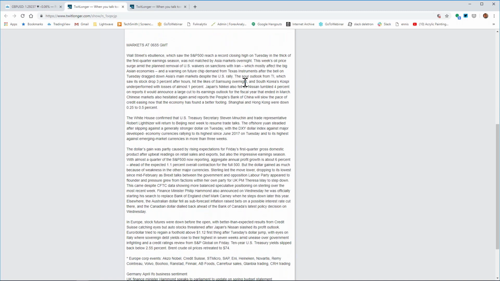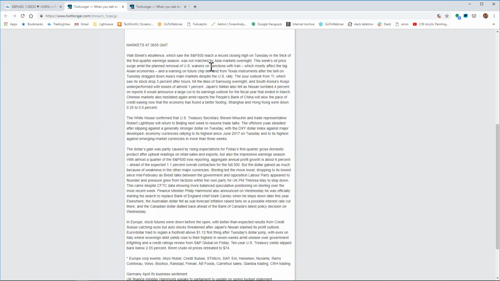Isn't that like oxygen? But anyway, Wall Street's ebullience, which saw the S&P 500 reach a record closing high on Tuesday in the thick of the first quarter earnings season, was matched by Asian markets overnight. This week's oil price surge and planned removal of U.S. waivers on sanctions with Iran, which mostly affect the big Asian economies, and a warning on future chip demand from Texas Instruments after the bell on Tuesday dragged down Asian markets despite the U.S. rally.